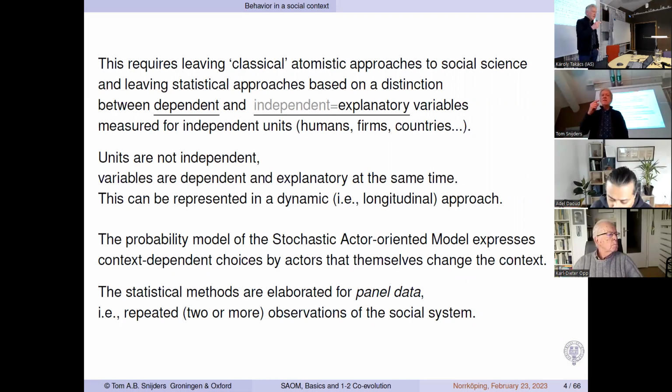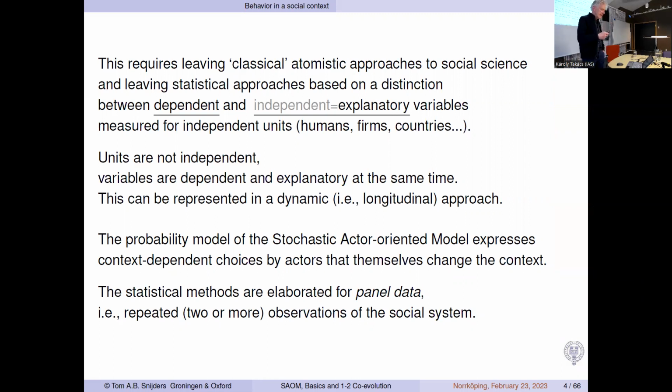However, each variable might be dependent and explanatory at the same time. And that can be analyzed, I would say, only in a longitudinal context. So you really need to go away from cross-sectional data and cross-sectional modeling, but you need longitudinal modeling.